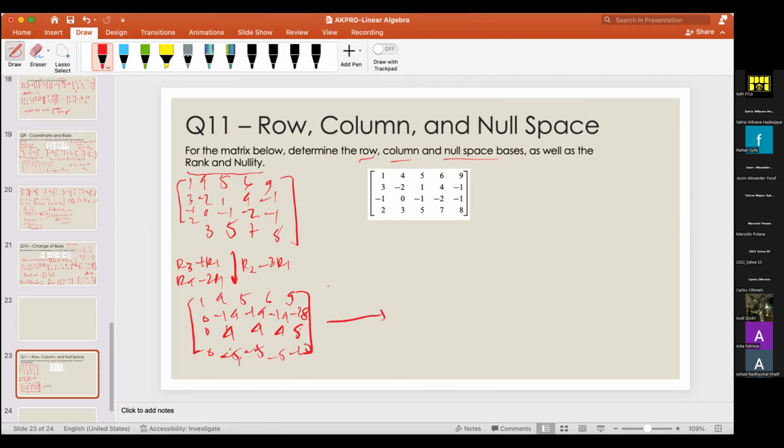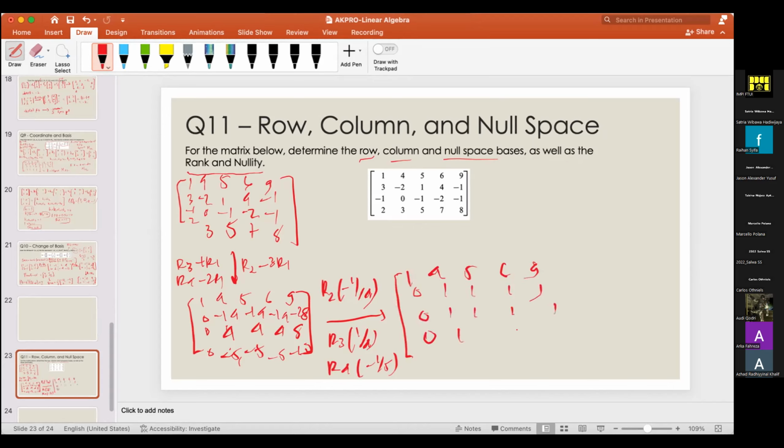So what we should do now is times R2 by negative 1 over 14, times R3 by 1 over 4, times R4 times negative 1 over 5. So we get 1, 4, 5, 6, 9. This is 0, 1, 1, 1, 1, 0, 1, 1, 1, 1, and 0, 1, 1, 1. Sorry, this is 2, 2, 2.